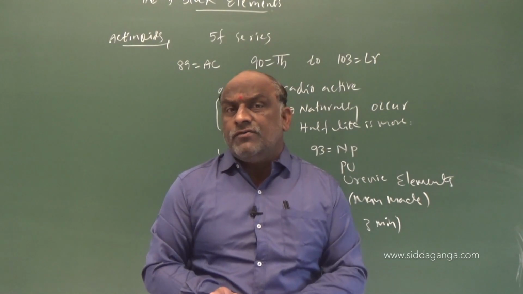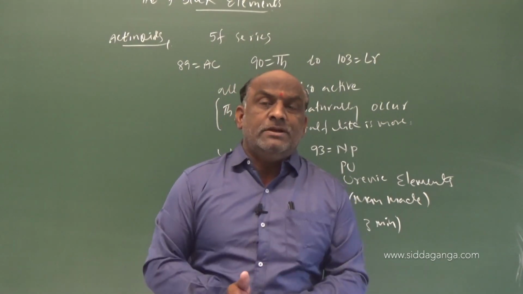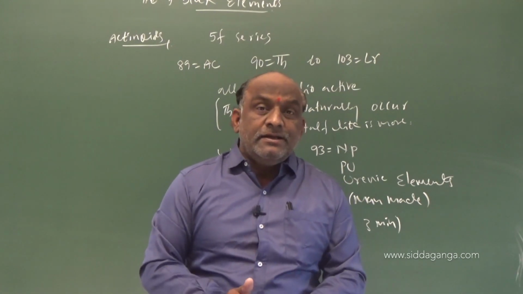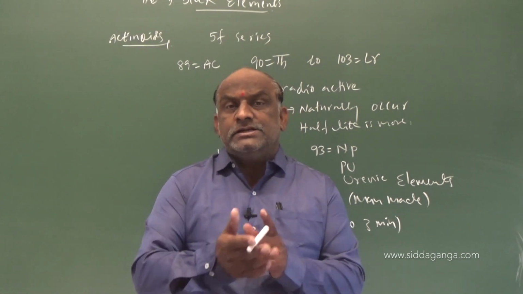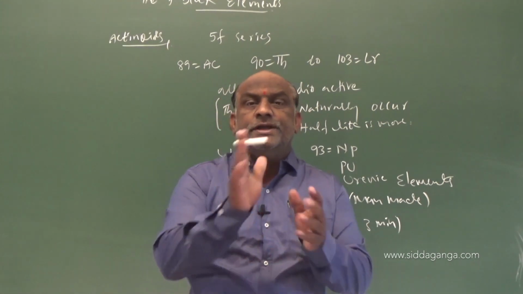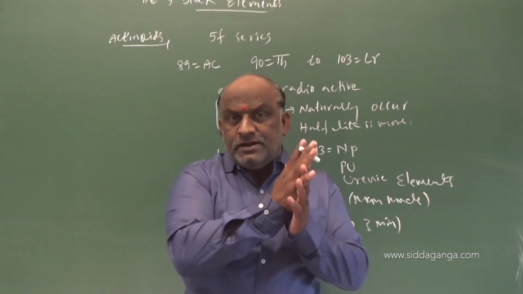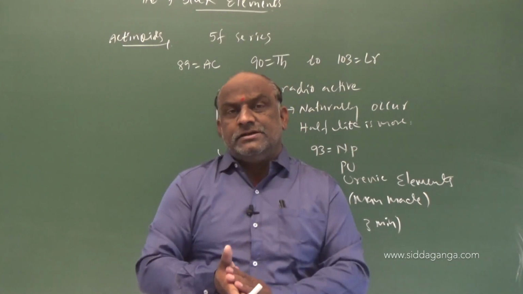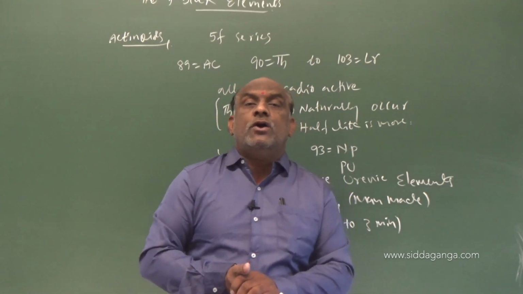Because those are unstable. For stability, they spontaneously liberate alpha particles, beta particles, gamma particles. Then the amount of reactant gradually decreases. The time taken from 1 gram to half gram is said to be half-life.